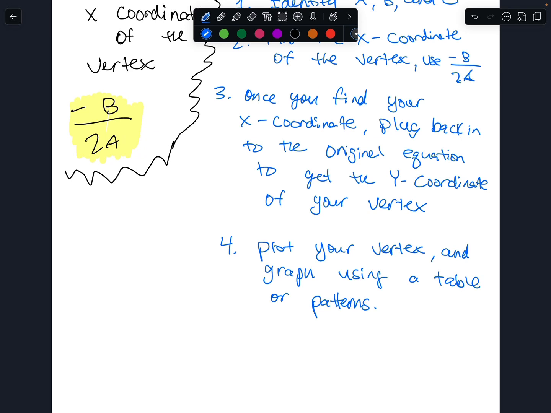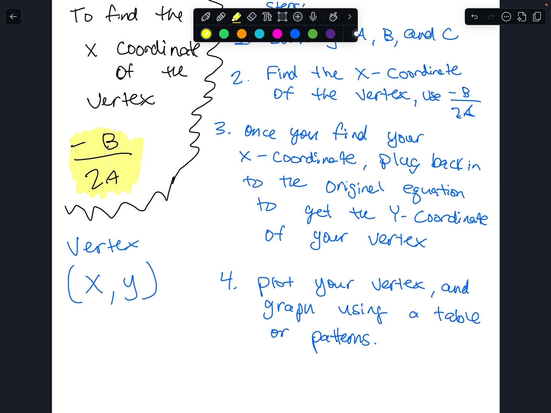All right. Okay. And then don't forget your vertex is either your highest point or your lowest point. Your vertex is labeled x, y. And so once you complete step 2, that'll give you the x.